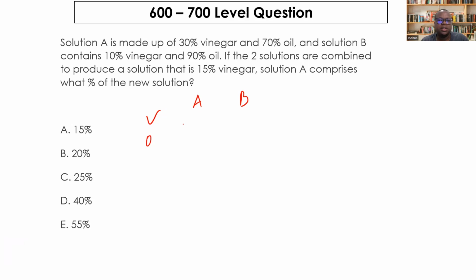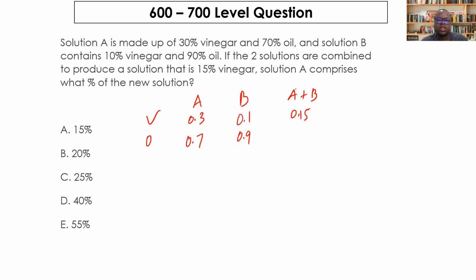Solution A contains 30% vinegar, 0.3, and 70% oil, 0.7. Solution B contains 0.1 vinegar, 10%, and 90% oil, that is 0.9. And then we have both of them mixed together. You have A and B, A plus B is on the side. Solution A plus B contains 15% vinegar, that is 0.15.